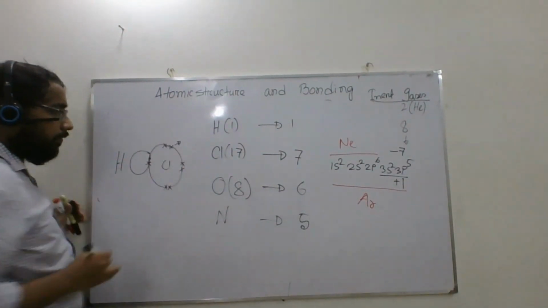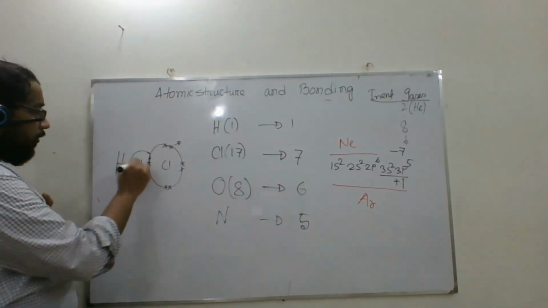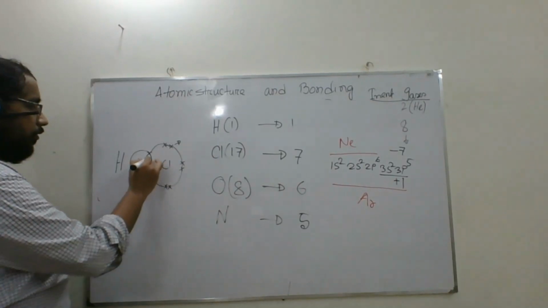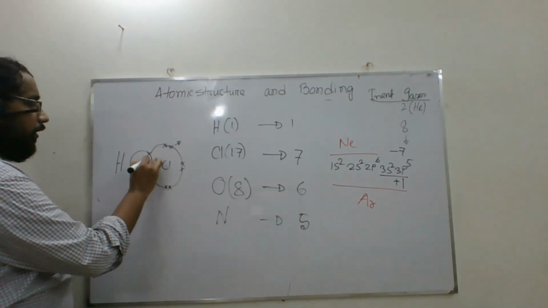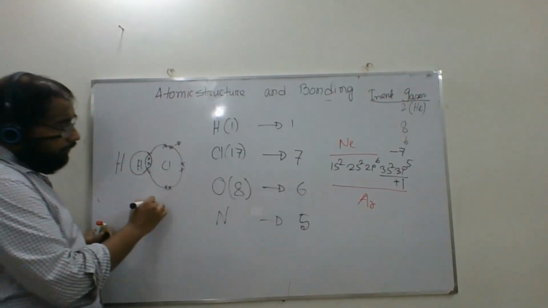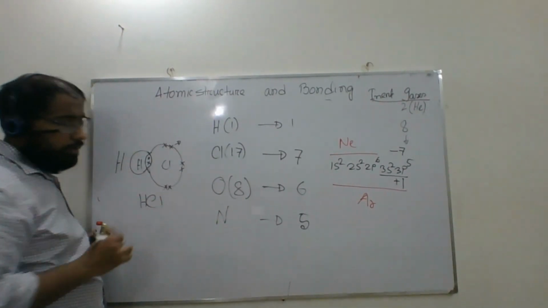If this is the electron of the chlorine and this is the electron of the hydrogen, they are actually sharing their electrons. Okay, so this is the formation of hydrogen chloride.